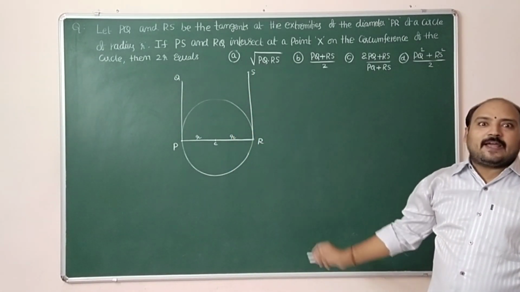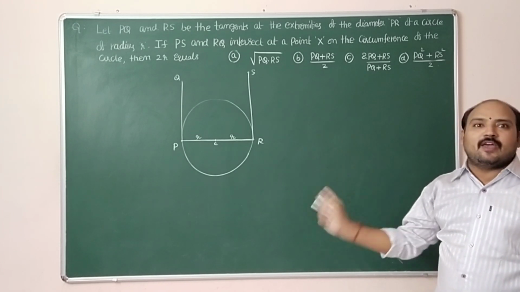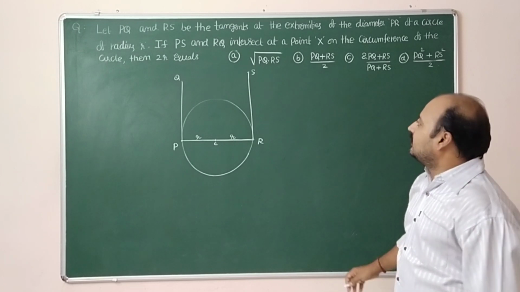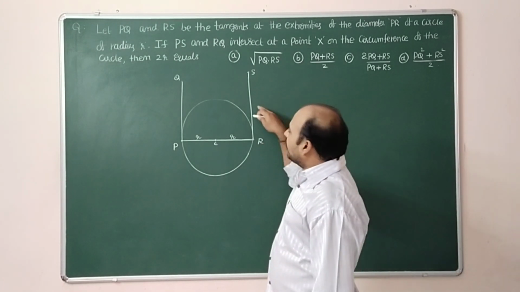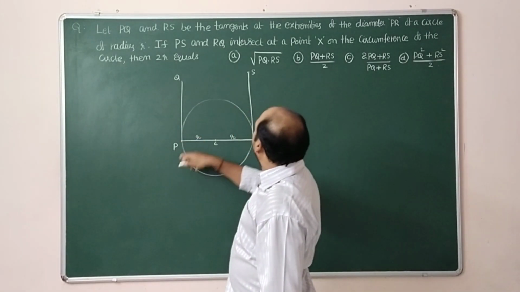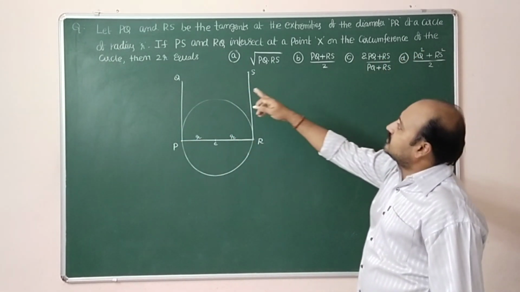PQ and RS are the tangents at the extremities of the diameter. These two tangents won't intersect, but QR and PS are intersecting. See here.